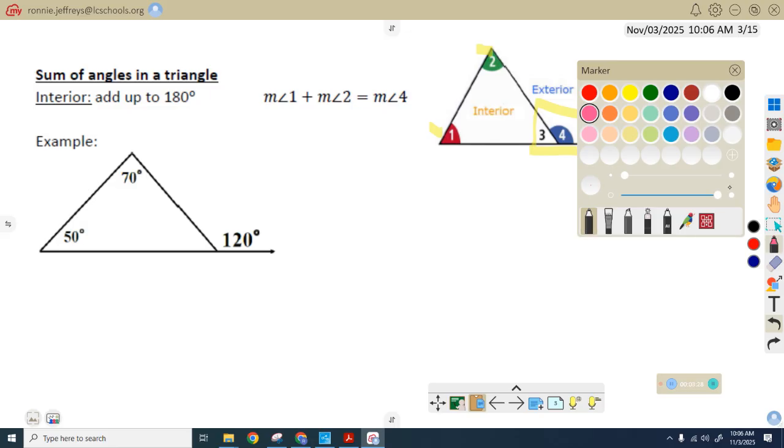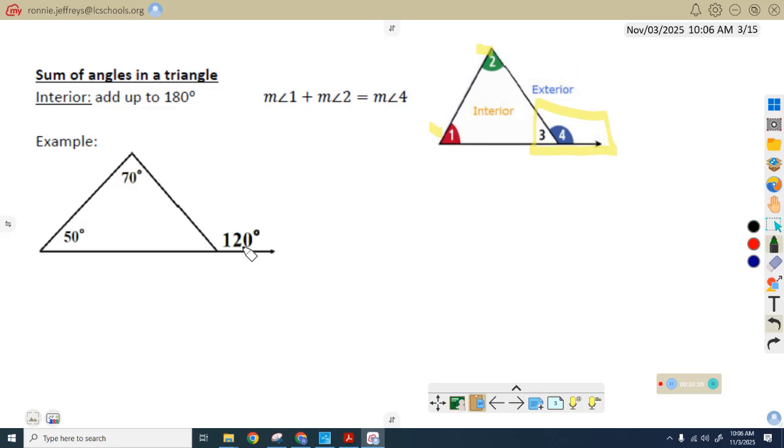The reason why is if this is 120, this right here would have to be 60 degrees because all this is 180. Well, these two things add up to 120 because, again, all these add up to 180. That's kind of how that works out. I could literally give you a few angles and the outside angles, and you should be able to find everything else.